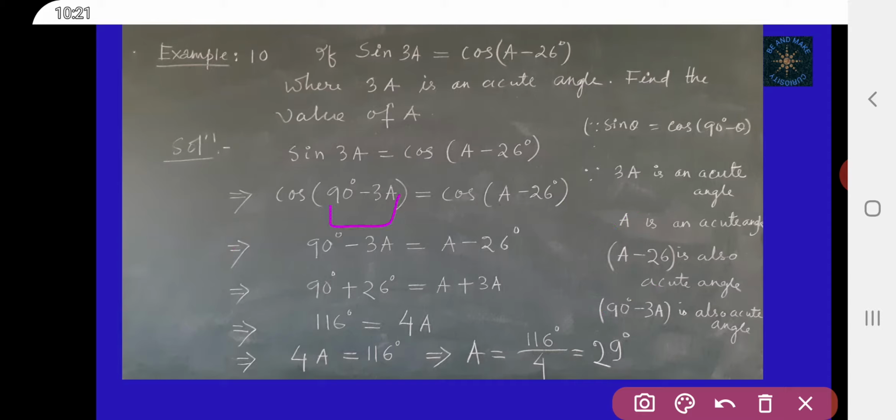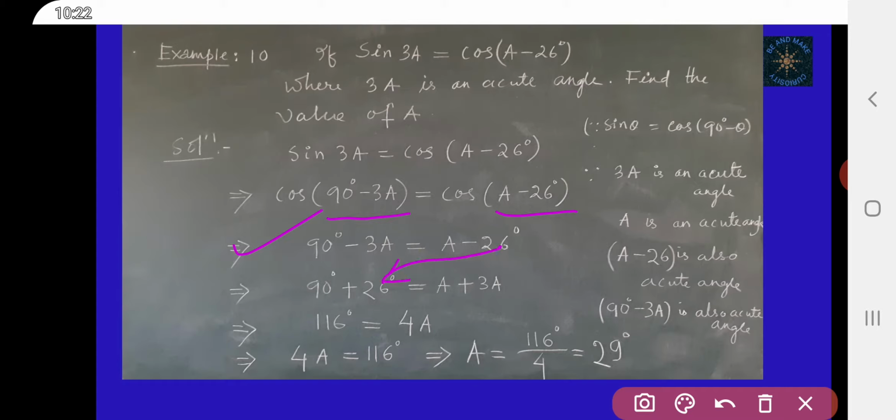So this angle and this angle are acute angles, and we are finding the trigonometric ratio of cos, both sides cos and angles are acute, so the angles are equal. So you can write 90 degree minus 3a is equal to a minus 26 degree.